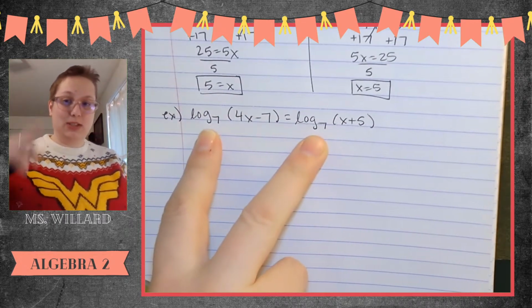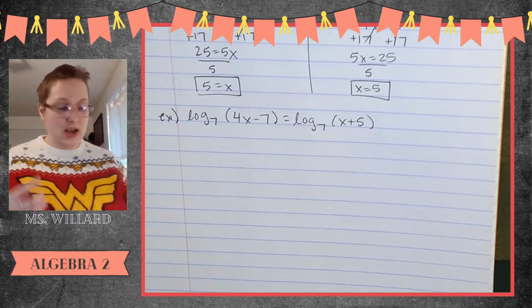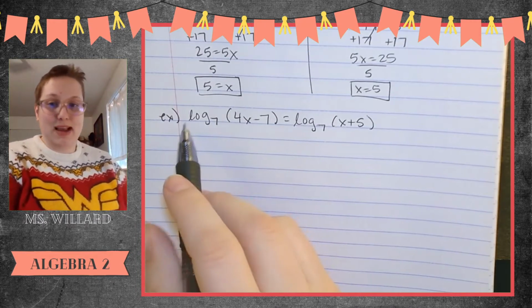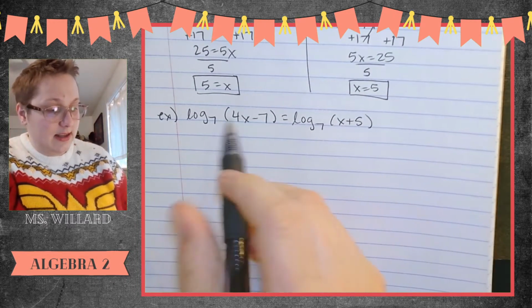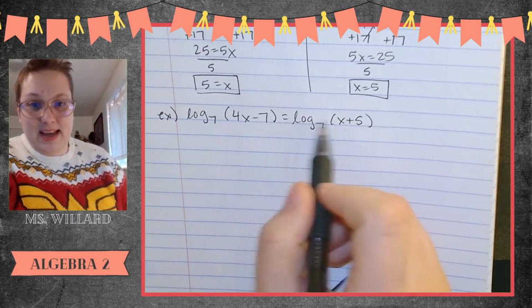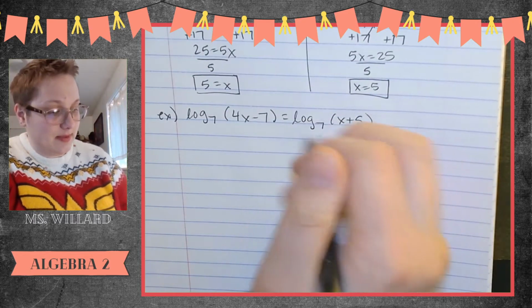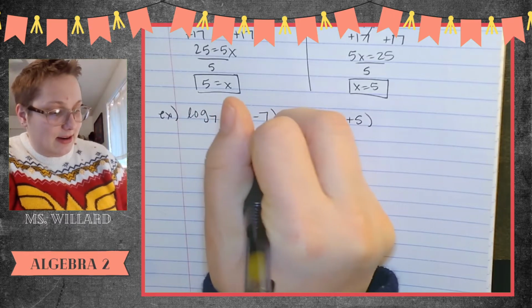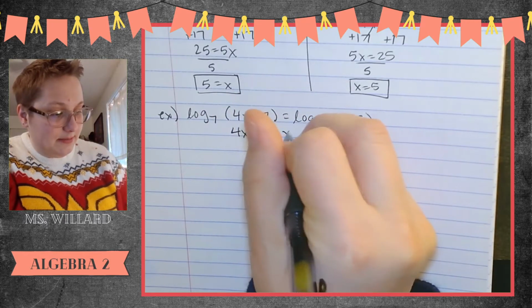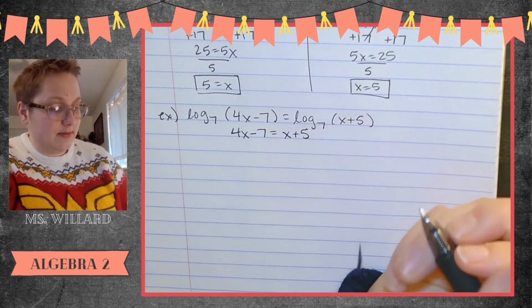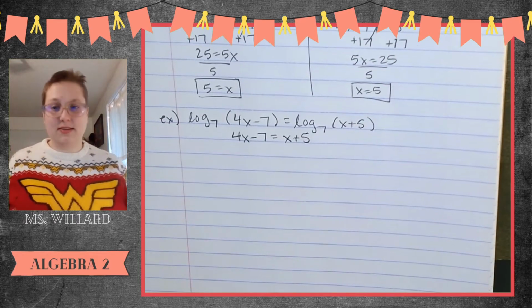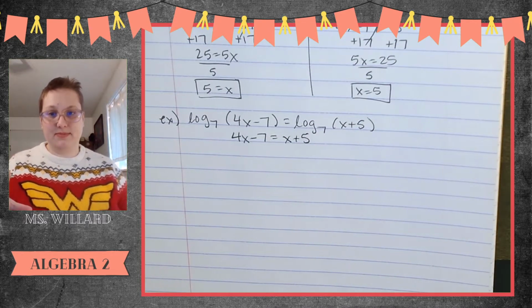What I do is I do 7 to the power of both sides, which basically makes it so I can ignore it if it's the exact same thing. If they're not the same thing, I'm not going to give you that kind of problem, so don't stress about that. So I just ignore the log 7s because they're on both sides.